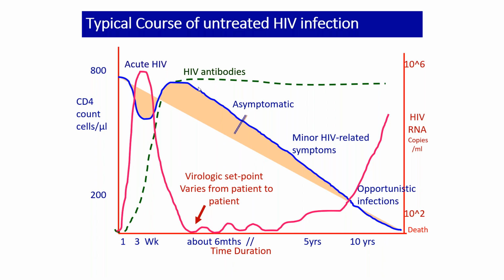Now let us try to correlate what is happening to the CD4 count and what are the symptoms that happen when this CD4 count starts falling. Like I told you, most of the symptoms happen when the CD4 count falls because these patients then tend to develop opportunistic infections, or infections because of a weakened immune system.